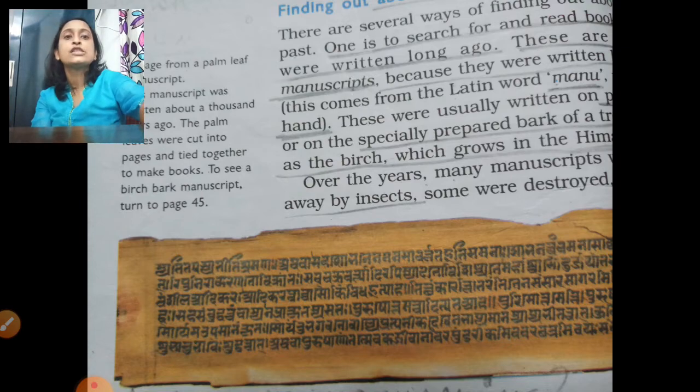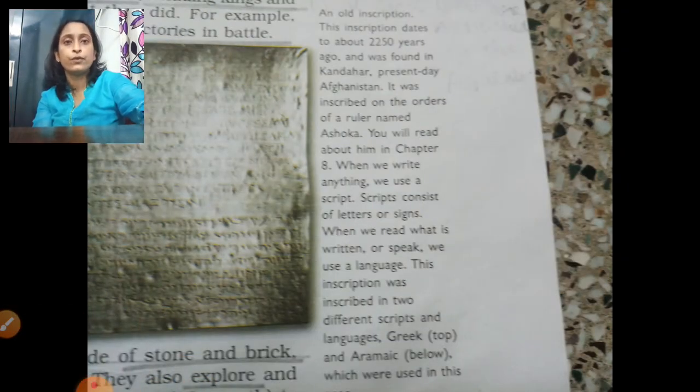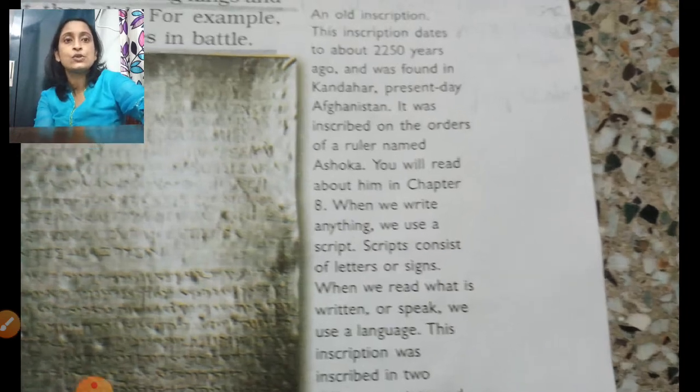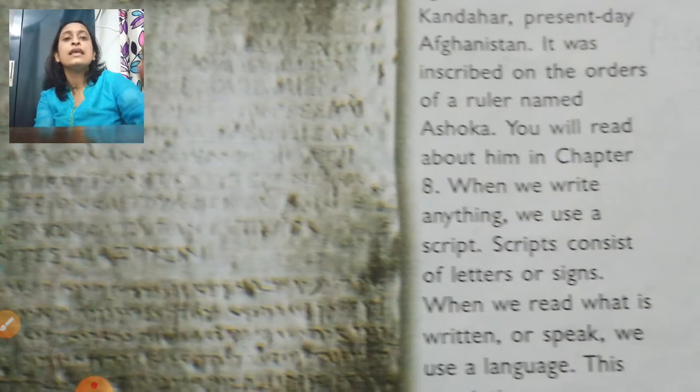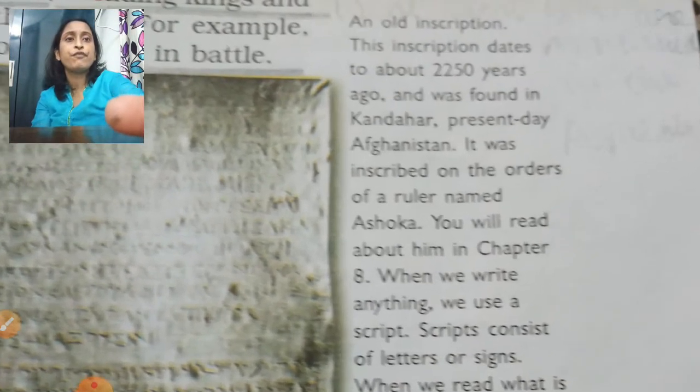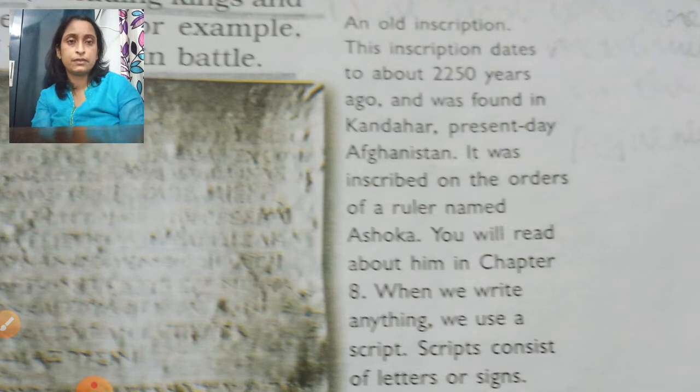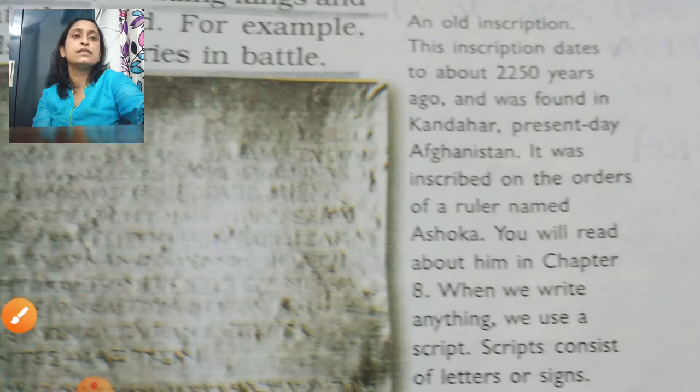Then next, the second source of knowing the past that we discussed yesterday is inscription. If you see the picture clearly, it is a hard surface like metal, or sometimes even stone, where some scripts are engraved. This is a very famous inscription, about 2250 years ago.